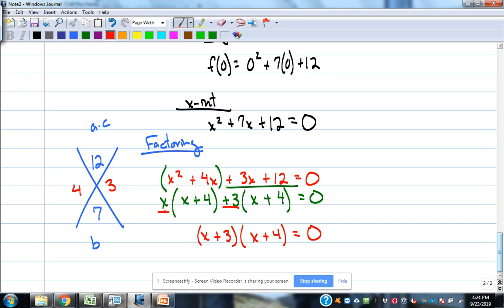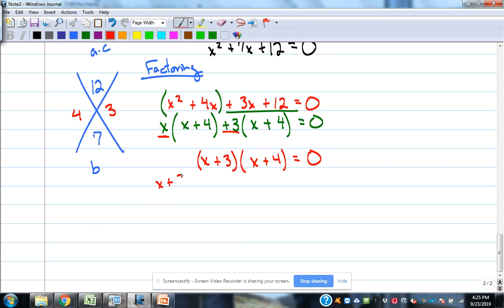It makes it easier. Now, the last step is to take each of those factors and set them equal to 0. Because what this says is that you've got something times something else, and it equals 0. So that means at least one of those is equal to 0. It could be both of them. We're not pretending, it could be. It very well likely is, because 0 times 0 is also 0.